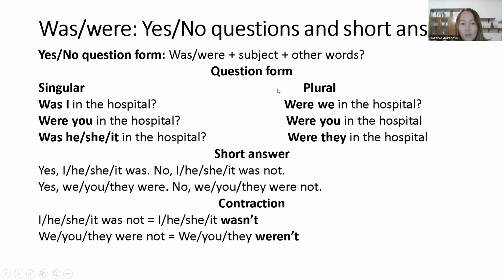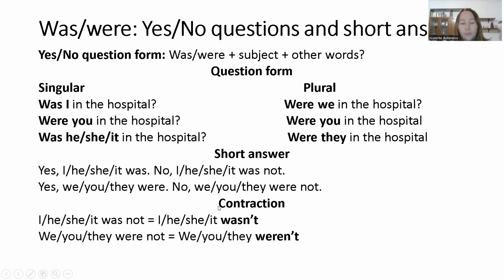So this is the form, singular. For example, was I in the hospital? Were you in the hospital? Was she in the hospital? And so on. In plural form, again, we use were before the subject. We give a short answer like yes, I was, no, I wasn't, yes, we were, no, we weren't, and so on.